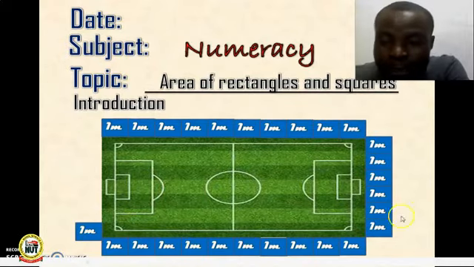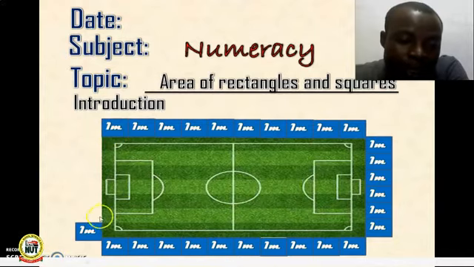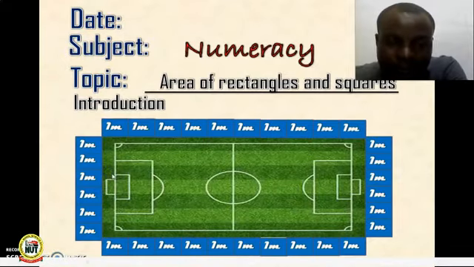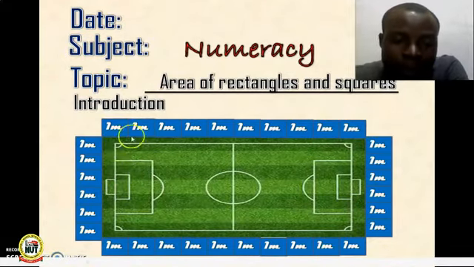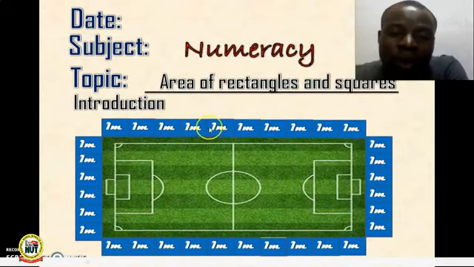If this side happens to be 6 meters, this side will also be 6 meters. This is just the illustration of perimeter. Perimeter is the total sum of all the sides of a particular shape.